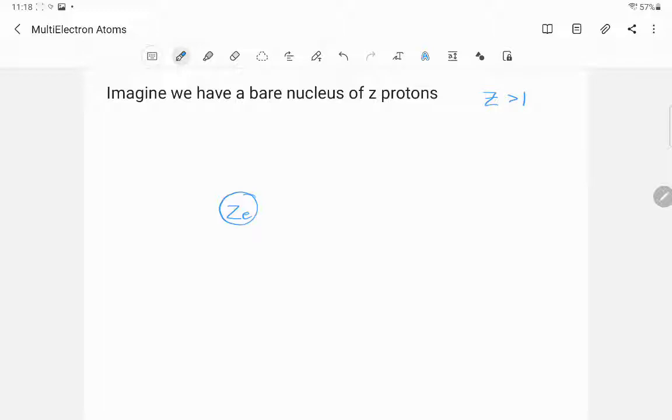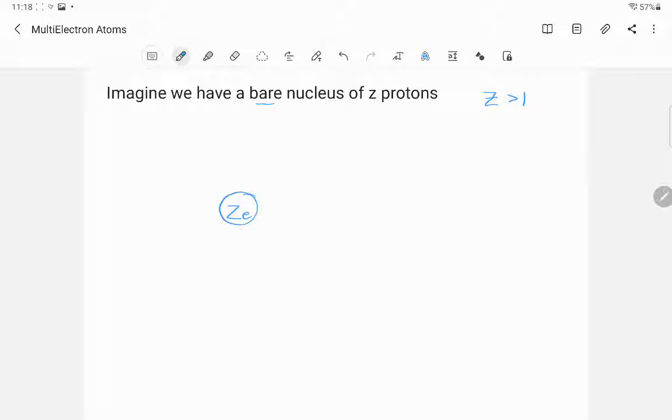What I mean by a bare nucleus is it simply is just a nucleus with Z protons, so the charge of this little thing is Z times e, and notice that it's inherently a plus sign. It's a positive charge. Protons are positively charged.